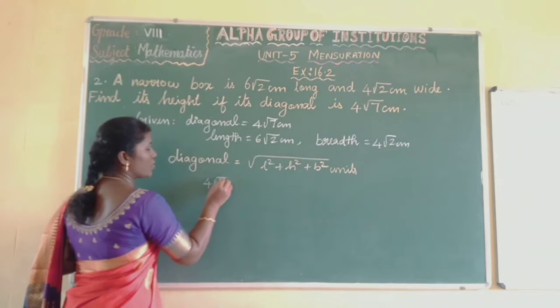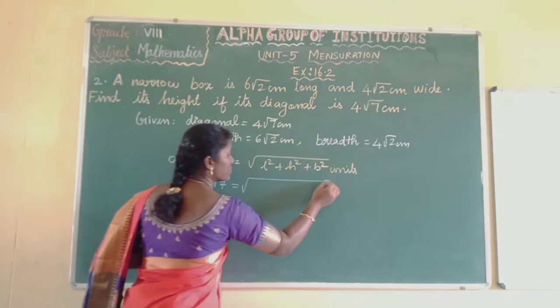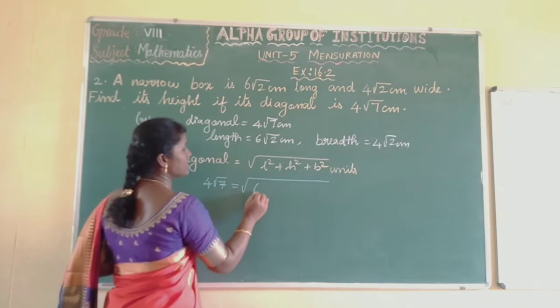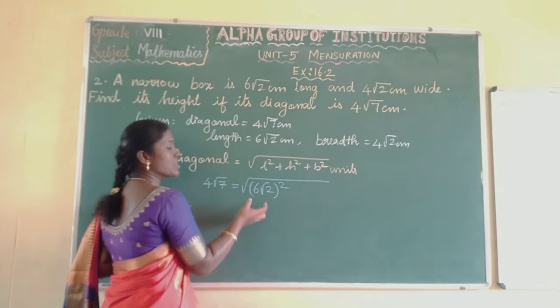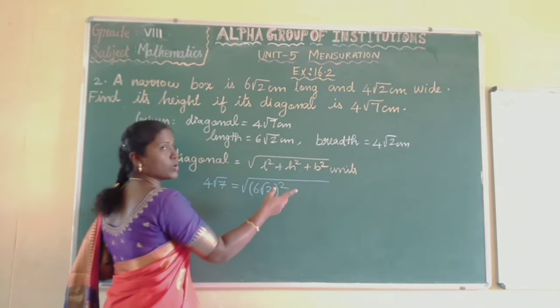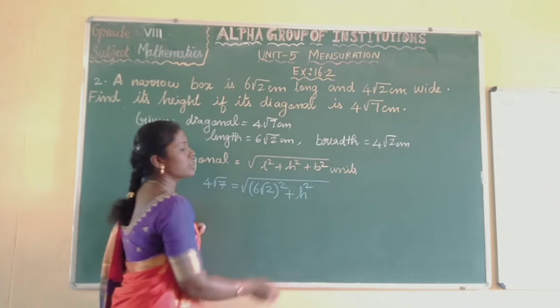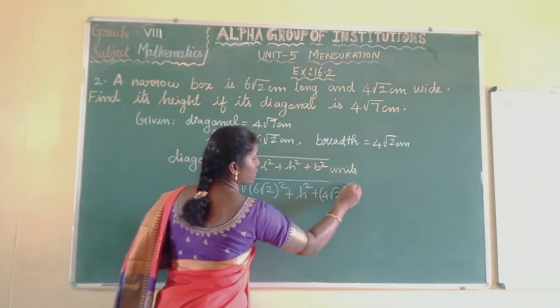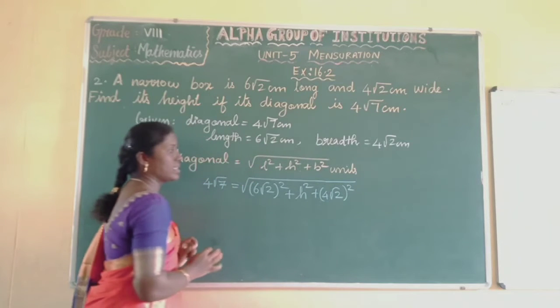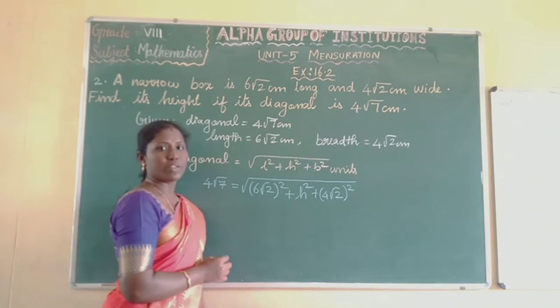So 4√7 centimeter is equal to square root of, substitute the other values, length is 6√2, so we have L square, the square comes for both the numbers as a whole square, plus h square, which we have to find, so keep as it is, and the breadth wide is given as 4√2 the whole square. See, we are just checking the diagonal formula and substituting the given values in the formula.